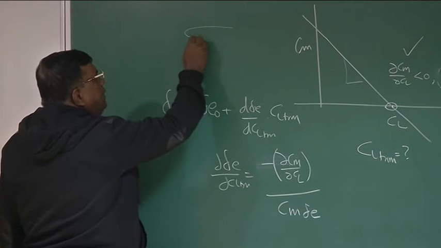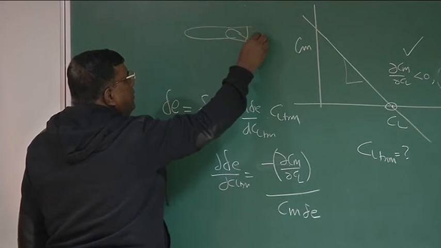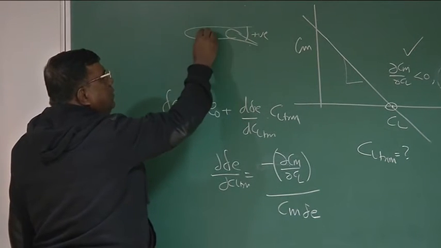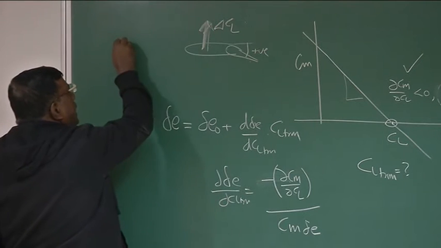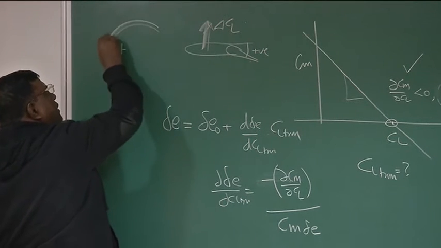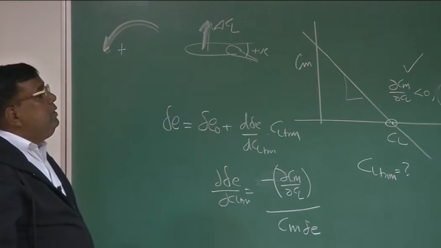This is the tail, this is the elevator, and elevator positive is down. If I deflect the elevator down, there will be an additional delta CL, and the aircraft CG is here. This will give me a nose down pitching moment, which is negative.